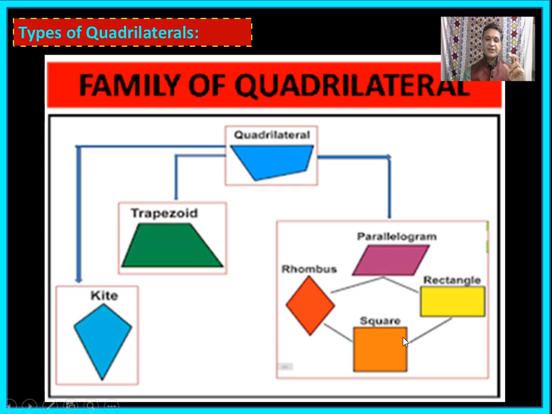So we have to learn 7 types of quadrilaterals in this chapter: quadrilateral, trapezium, kite, parallelogram, rhombus, square and rectangle.